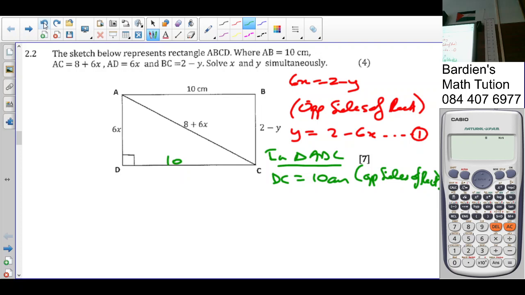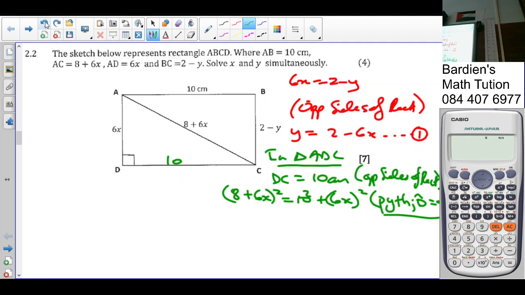So we're going to say that (8 plus 6x) all squared equals 10 squared plus (6x) all squared. Reason: Pythagoras with angle D equals 90. Do we need this here? No, I'm just writing it down so if the day comes and I ask you what reason, you know what to write.